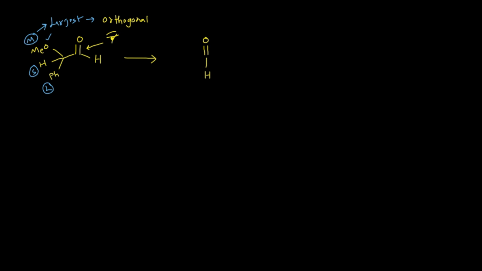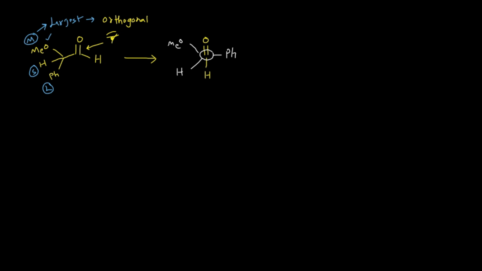And with the white color, I am drawing my rear carbon, which in Newman projection is shown by the circle. Okay, and then basically without the modification, if you don't consider the electronegativity, then obviously this phenyl, which is the bulkiest one, must go in that particular direction, and your OMe will orient like that only. Okay, and this is your hydrogen, right?